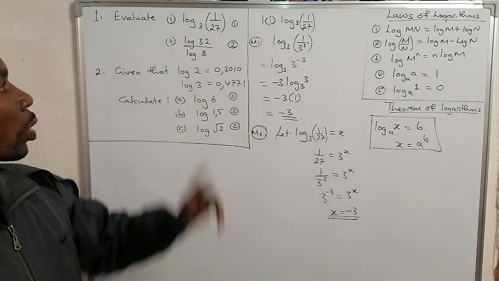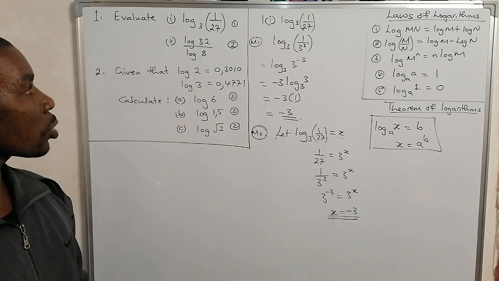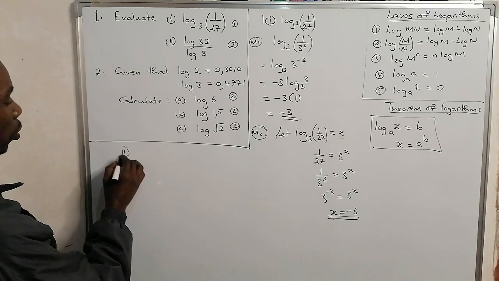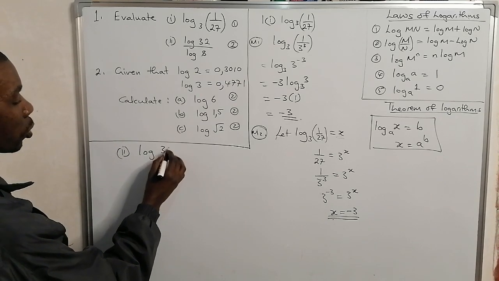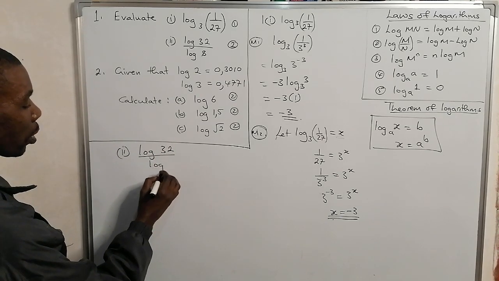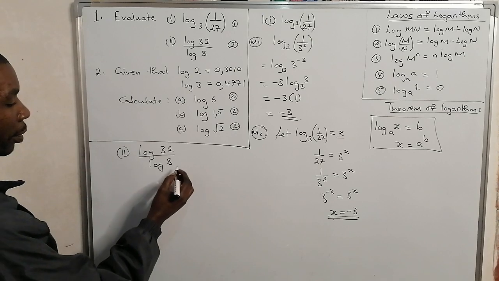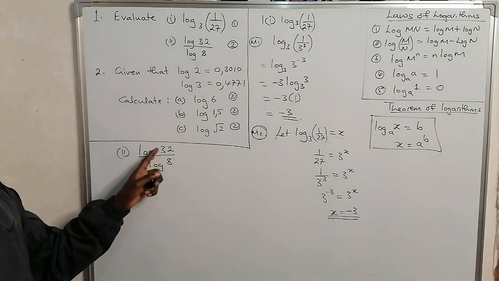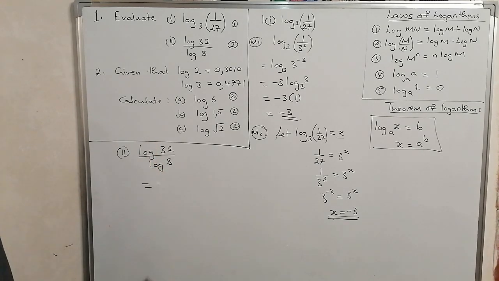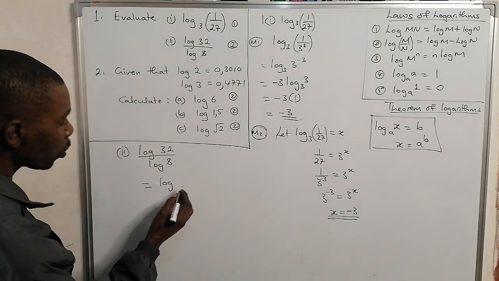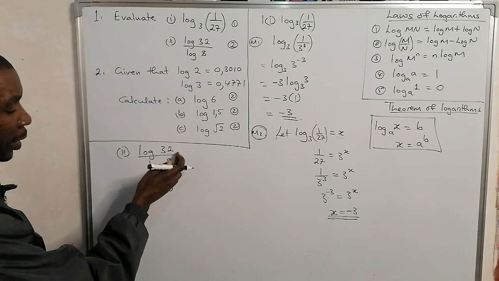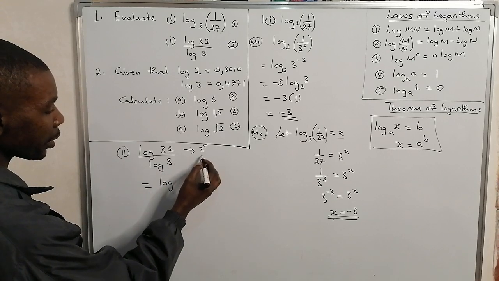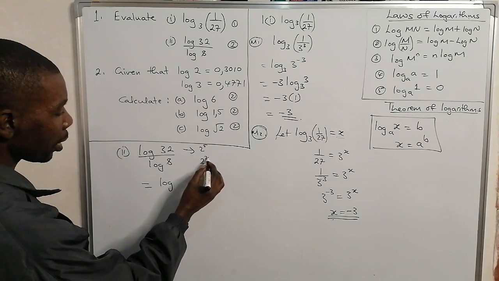That's for part 1. Then let's move on to part 2. We have log 32 divided by log 8. Don't be tempted to say 8 into 32. It's wrong. We can use the same base. For example, 32 is equivalent to 2 to the power 5, and 8 is equivalent to 2 to the power 3.